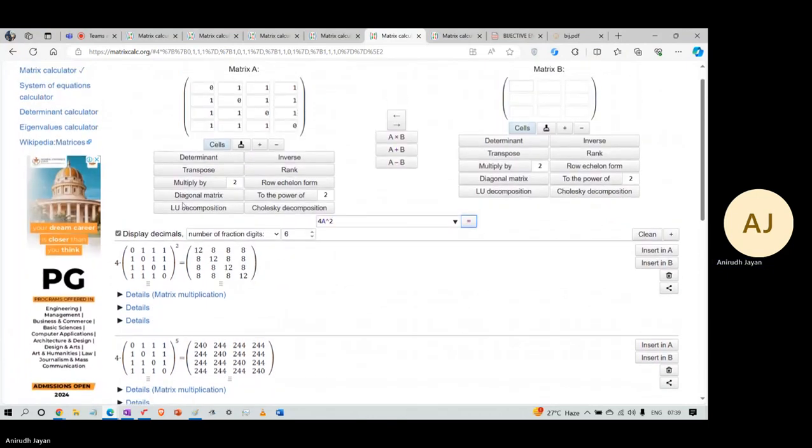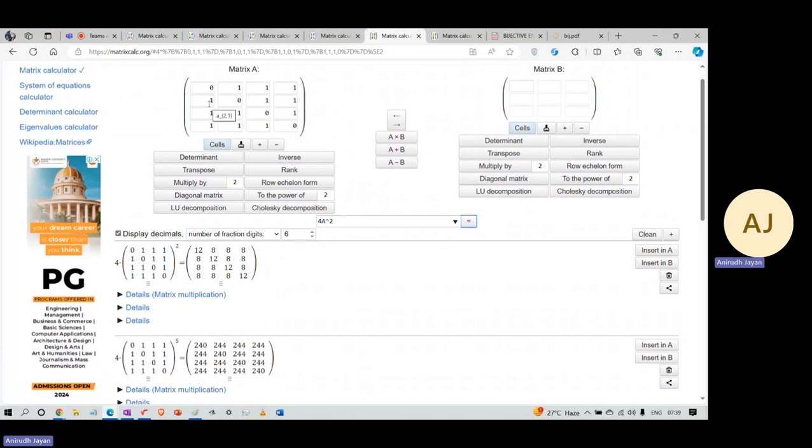The square of this will give 9 minus 1 on the non-diagonals, and the diagonal will have 9 plus 3, that is 3 square plus 3 times (-1) square, which is 3 square plus 3, which is 12.